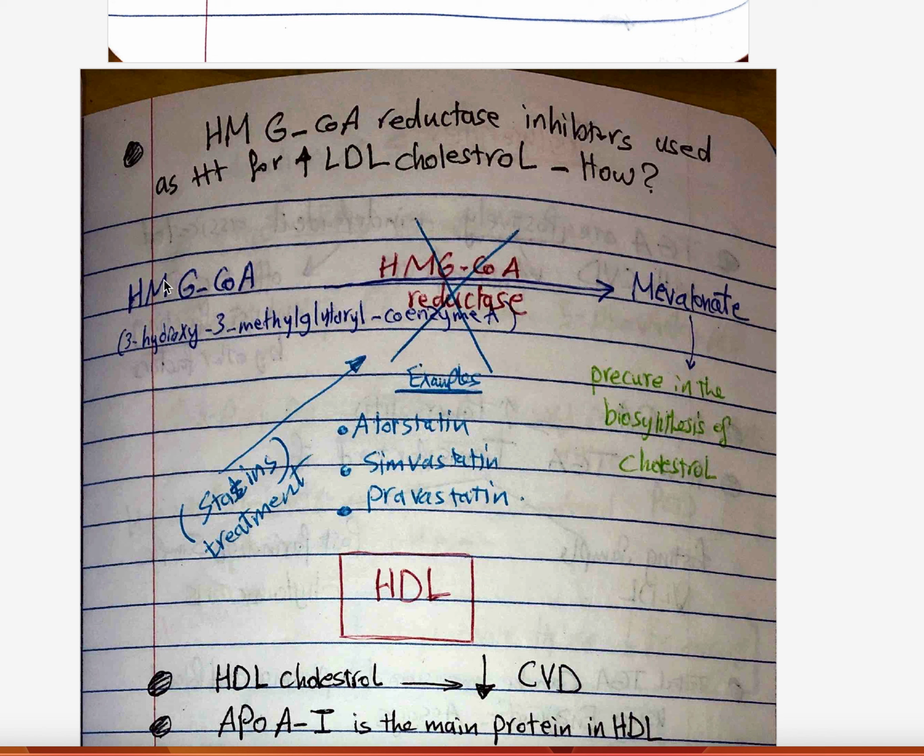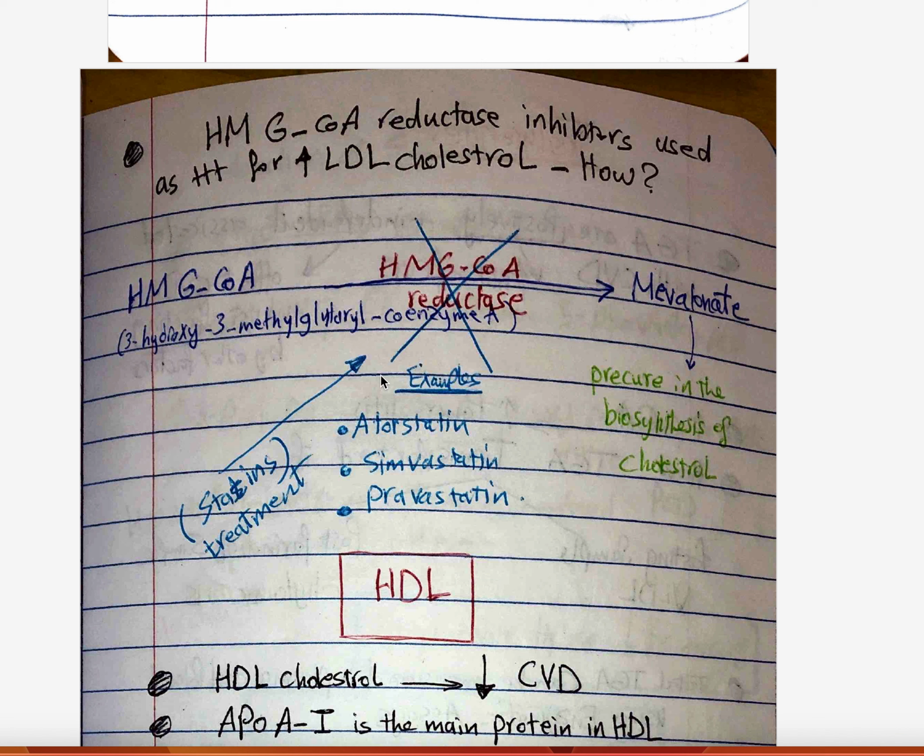As you can see from here, 3-hydroxy 3-methyl glutaryl coenzyme A, by the reductase enzyme, leads to the production of mevalonate, which is a precursor in the biosynthesis of cholesterol.